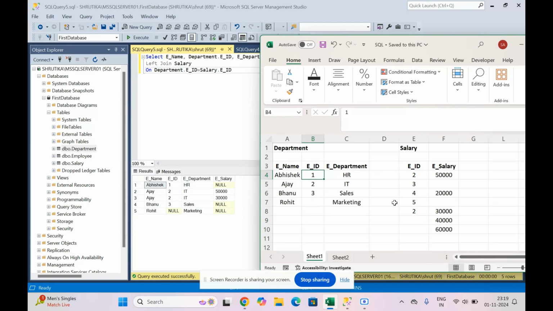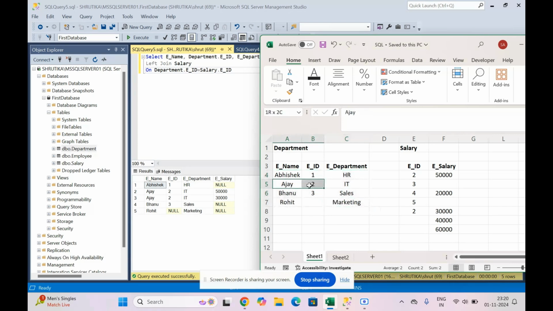And now you can see that regardless of 1 not being present in my salary table, I still see this row in my resulting table because we are using a left join. In left join, we get all the rows of the left table in the resulting table regardless of their matching in the right hand side table.